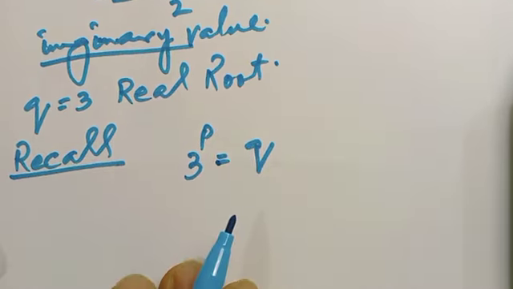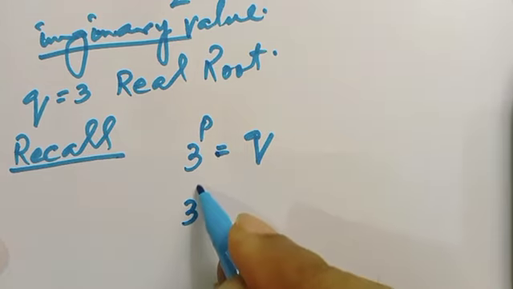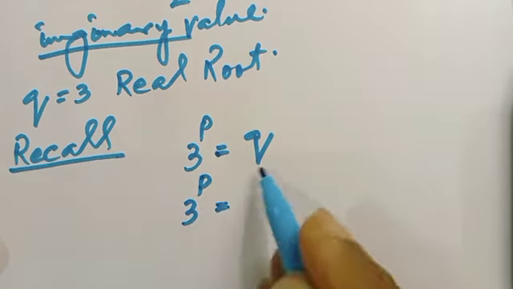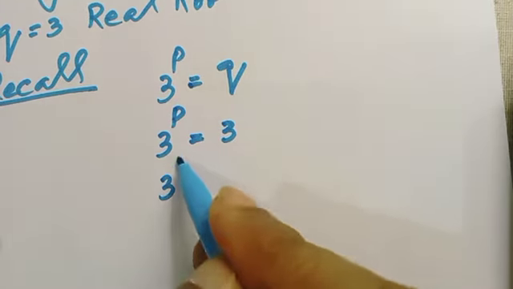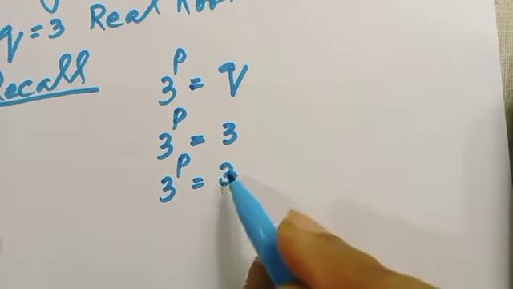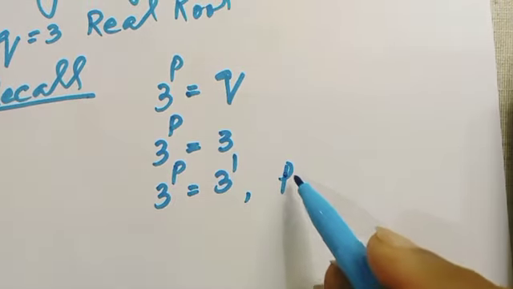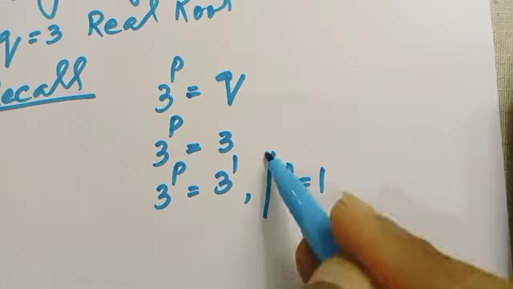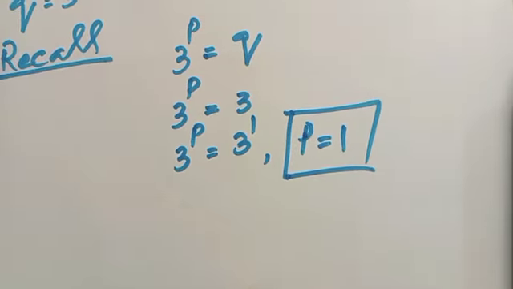Now put the value q = 3 in this equation: 3^p = 3, so 3^p = 3^1. So p = 1. The value of p is equal to 1.